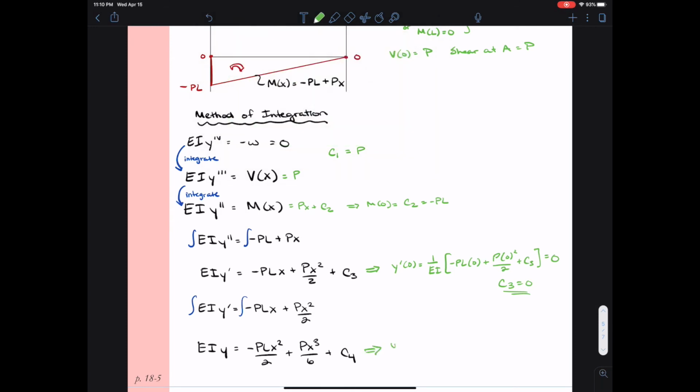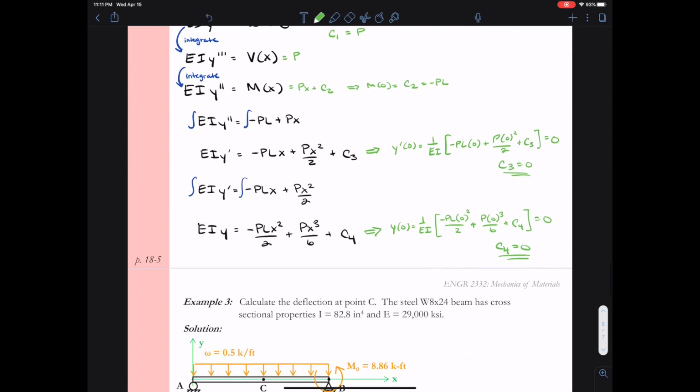Lastly, we use our last boundary condition, y of 0 equals 0. So plugging that in, making sure I swing my EI to the other side, I see that all the terms with x are going to become 0. So then I'm just left with C4. C4 has to be 0 in order to make this work.